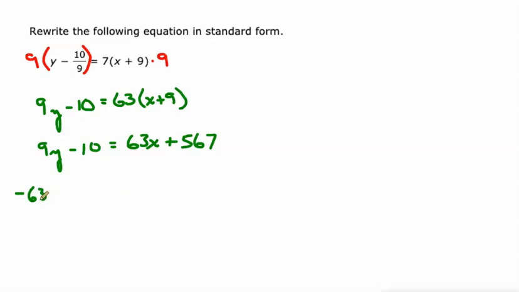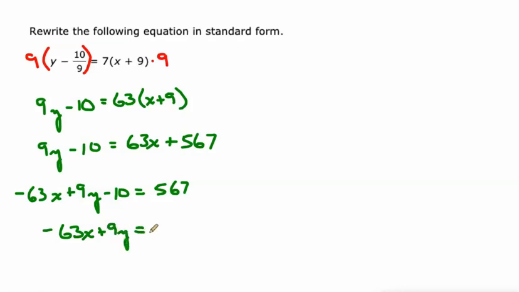That would give me negative 63x plus 9y minus 10 equals 567. Then let's add 10 to both sides. Negative 63x plus 9y equals 577.